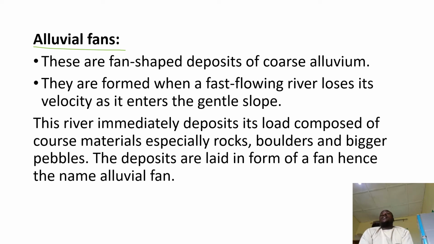The river loses its velocity or its power to continue transporting the eroded materials. It deposits them before its mouth, and they are arranged in the form of a fan.